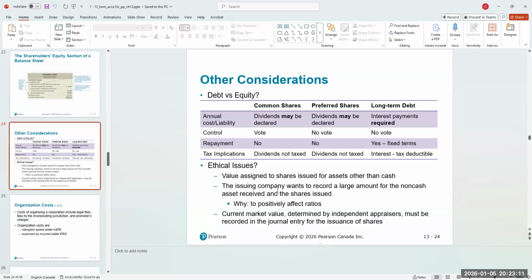Promissory note is going to come as an asset. Then I'm going to have shareholders' equity, common shares. I'm going to issue common shares for that promissory note for $100,000. And then again, I can go to the bank and ask for $50,000. Why? Because I have assets of $100,000.